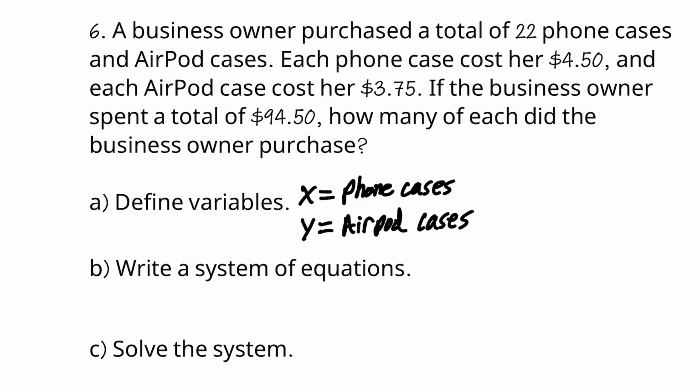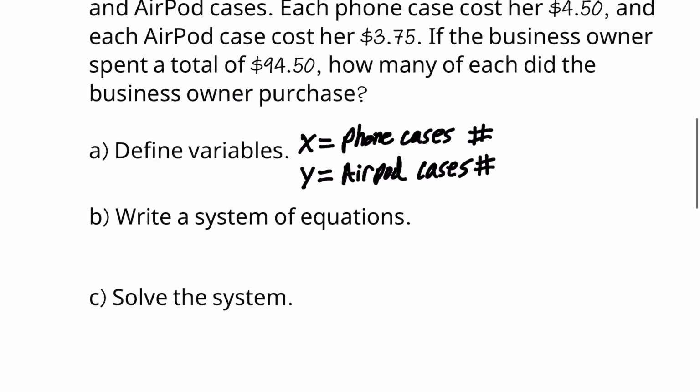And these are going to be the number of cases is what we are looking for. Not the price. We already know the price of these cases. One is $375, the other is $450. Okay, so we're going to go cost with cost. So dollar amounts go with dollar amounts. So it is $450 for a phone case.